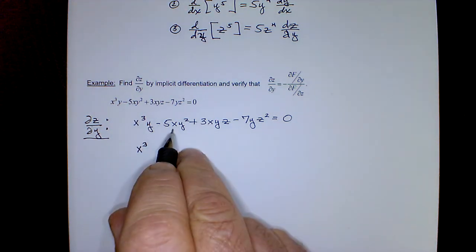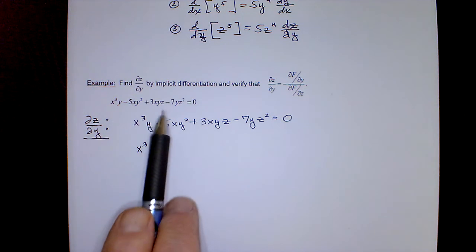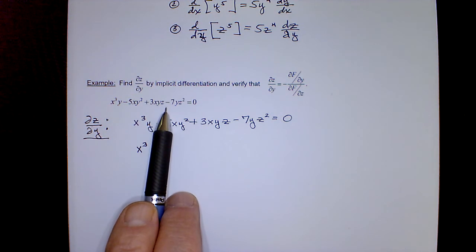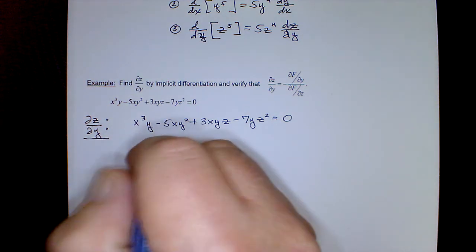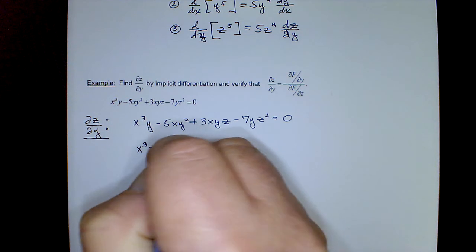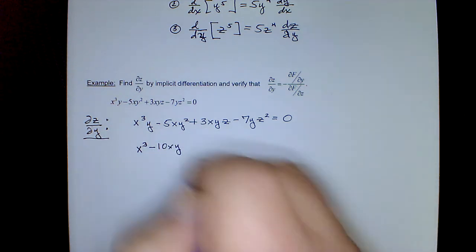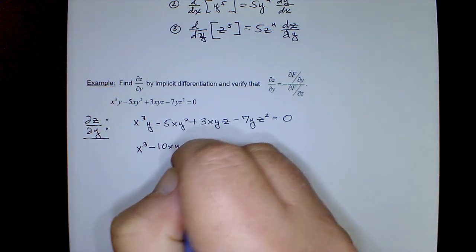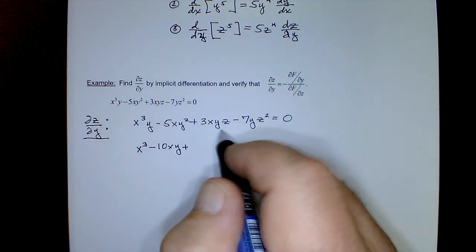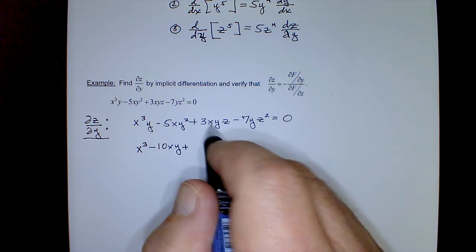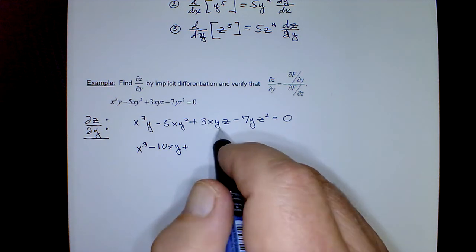For the next term, similarly, x is a constant, so the negative 5x really just tags along. Derivative of y squared is 2y, so that becomes negative 10xy.